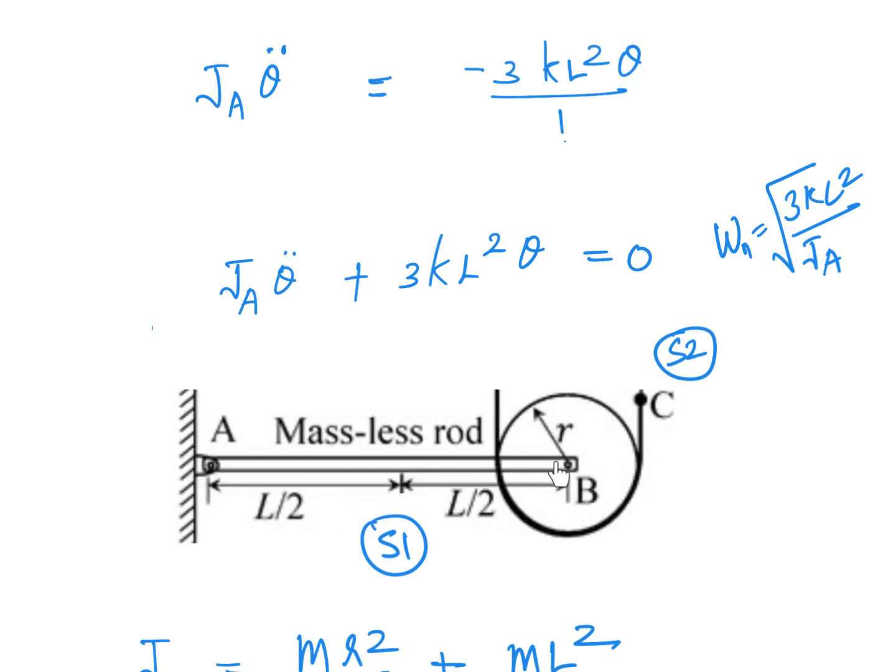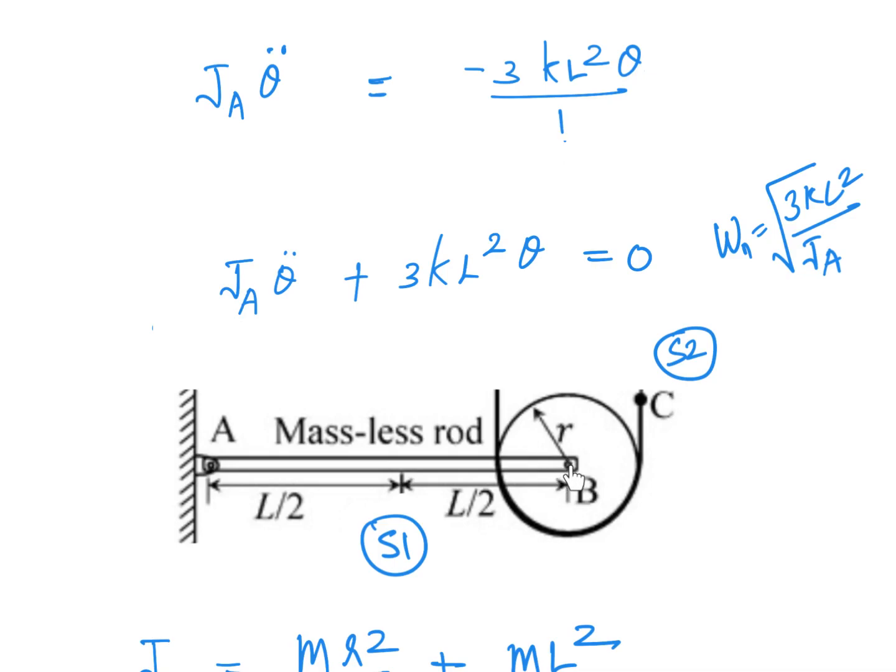The rod doesn't contribute anything to the mass moment of inertia of the system. Why? Because it is massless. The only contribution comes from the disk. The disk has a moment of inertia about its own centroidal axis, that is at B, because its centroid is at B, that is mr square by 2, a very well known formula.